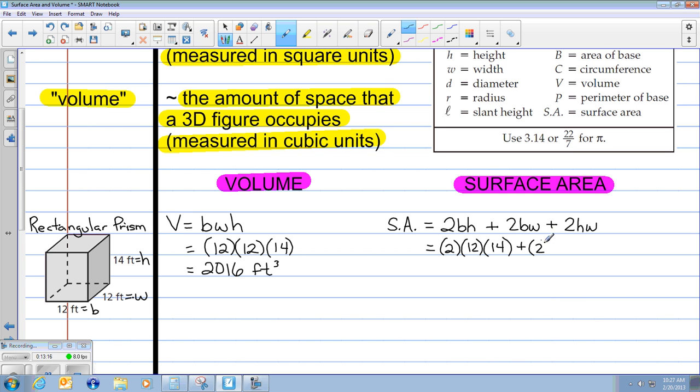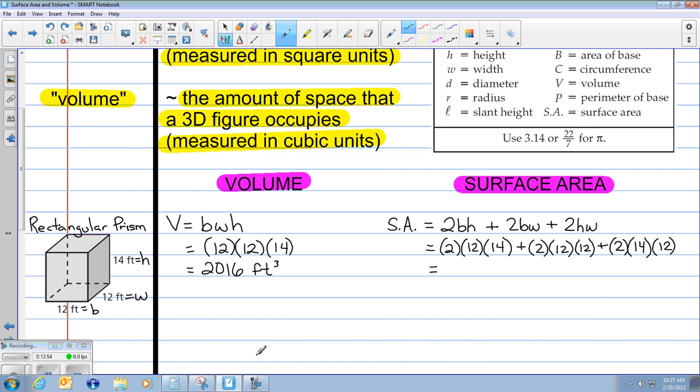So I have 2, B is 12, W is 12, plus 2 times H, which is 14, times W, which is 12. So you can see I have 14 twice, and then I have 12 four times because it's the base and the width. So that all looks good.